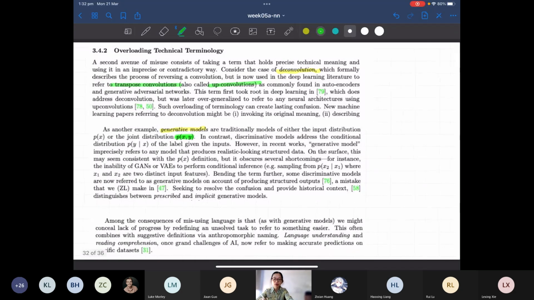What they essentially do is perform conditional inference, basically sampling x2 conditioned on x1, which is the other part of x. And bending the term further, some of the discriminative models, which are supposed to be conceptually the other end, are now referred to as generative models on account of producing structured outputs and so on. So this is very confusing.